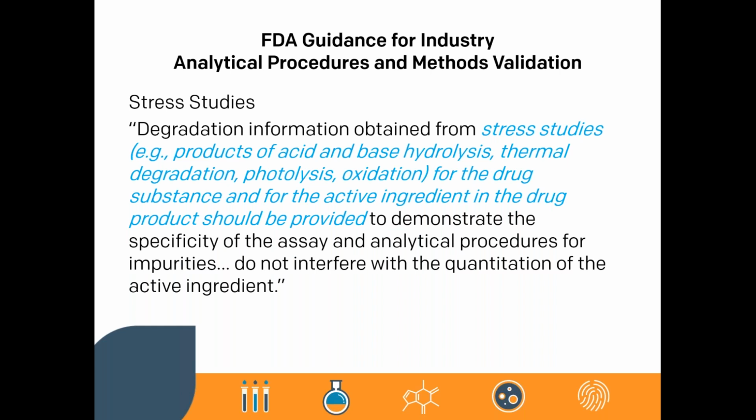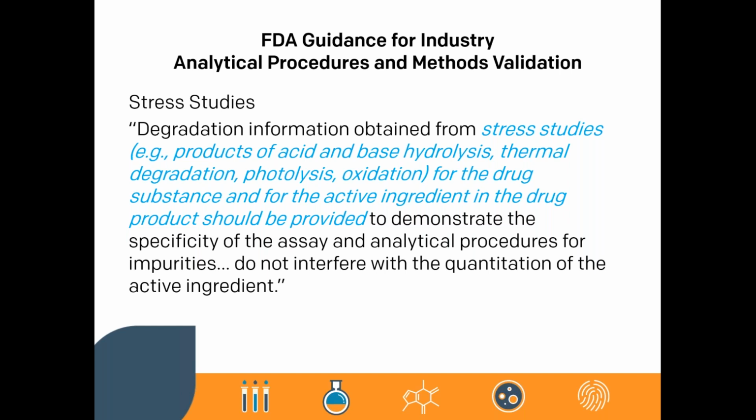Here's the FDA guidance for industry. In the top header of each of these 3, 4, 5 slides is the source document from which I took the quote. And I pulled out the quote and then indicated it from the source. Stress studies must be conducted on the specific formulation, not just the API or the active pharmaceutical ingredient or the drug substance.